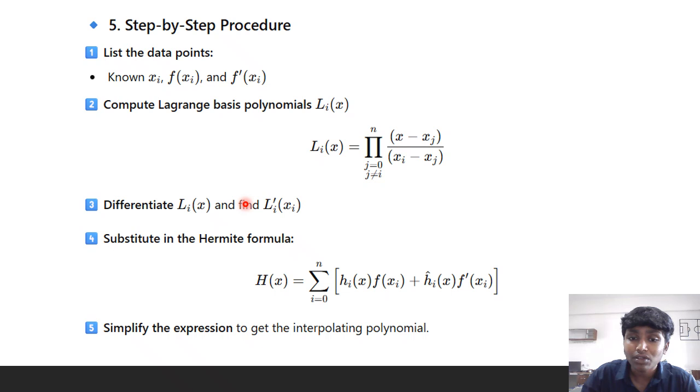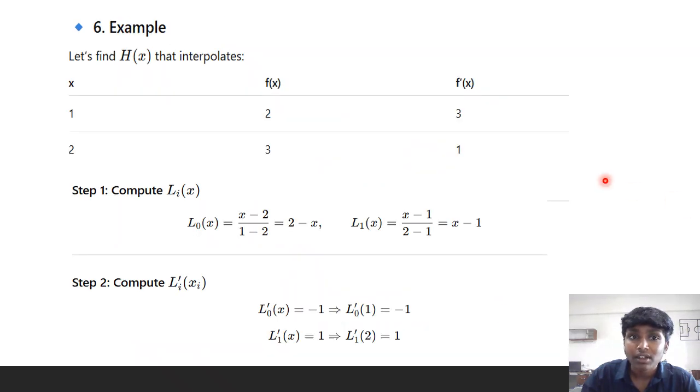After getting those two values, we substitute them to get hi of x and h cap i of x. And at last we do the whole summation, and we get the interpolating polynomial.